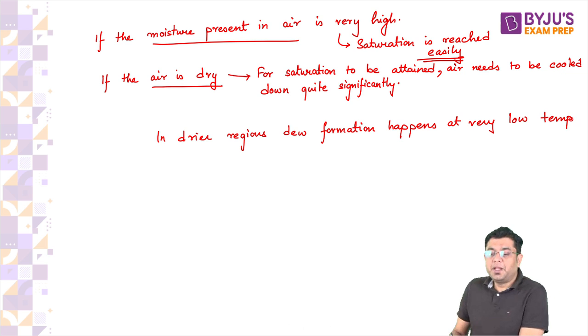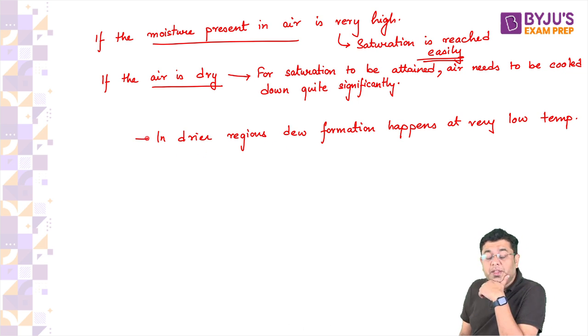For example, that is the reason that in the region of, let's say, Delhi, Chandigarh, Ambala, etc., you will experience dew formation only during winter nights because these are drier areas, so they need to be cooled down quite significantly.